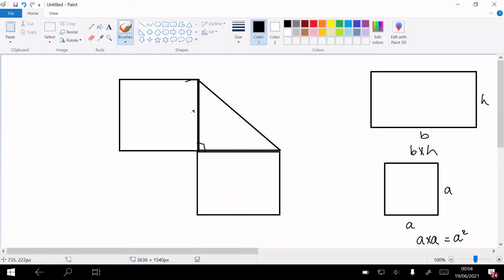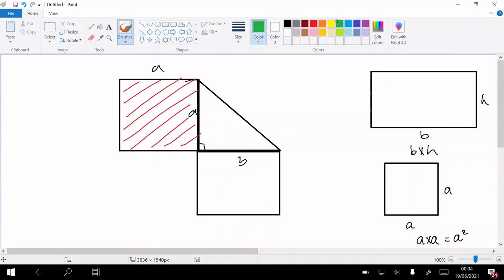You know this side is A, this side is B, right? When you do A squared, what you are actually doing is you're doing A times A, finding this area. And when you're finding B, you're doing B times B, which gives you this area.